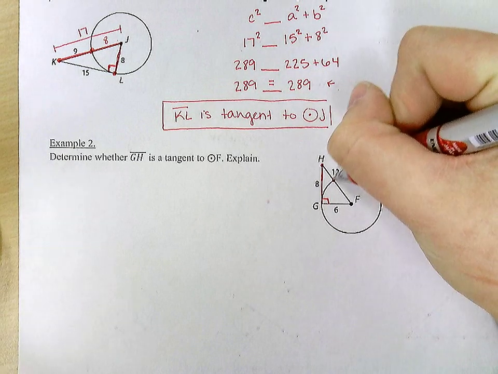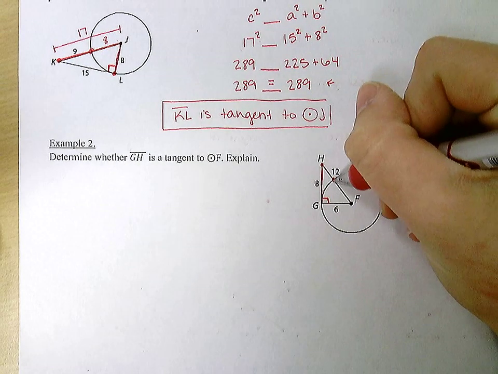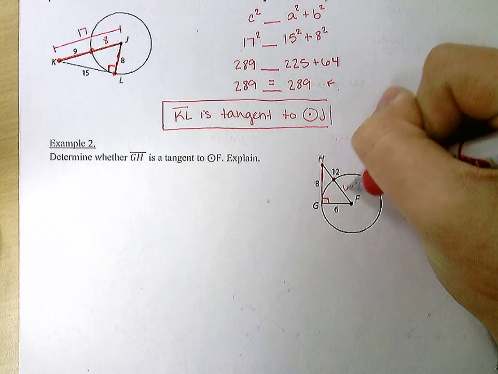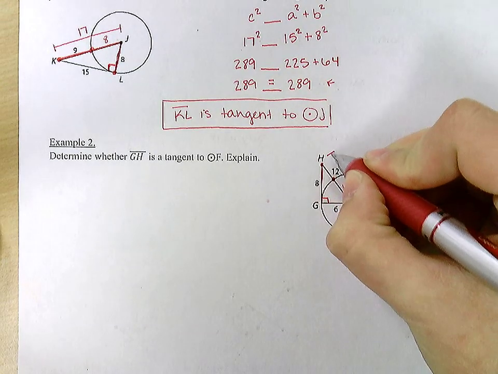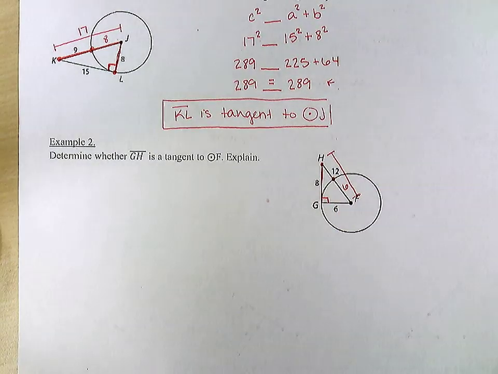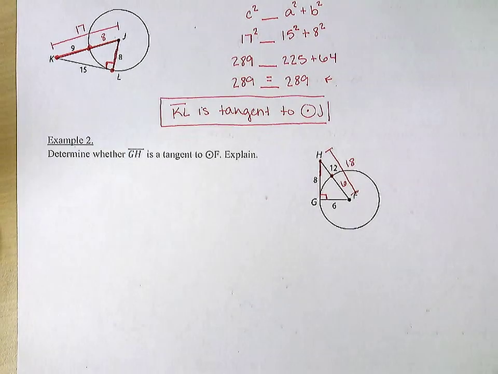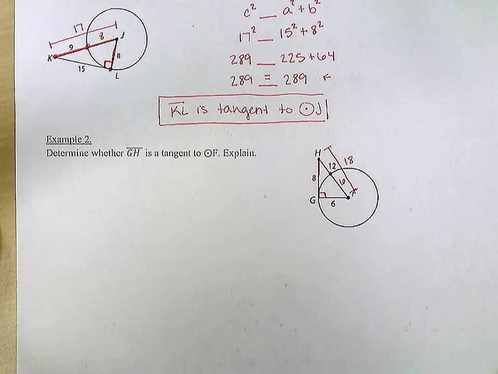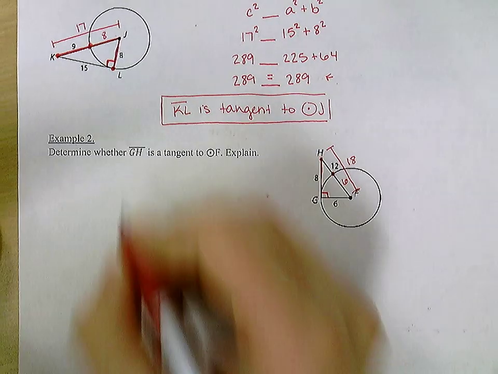Point H to this point right here is 12. And this point to point F is 6. So I need the entire length of F to H. That's 18. So that would be my hypotenuse in this right triangle.